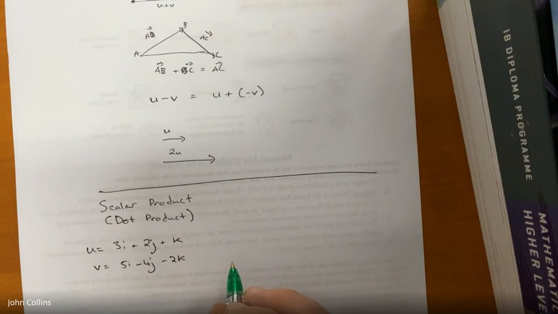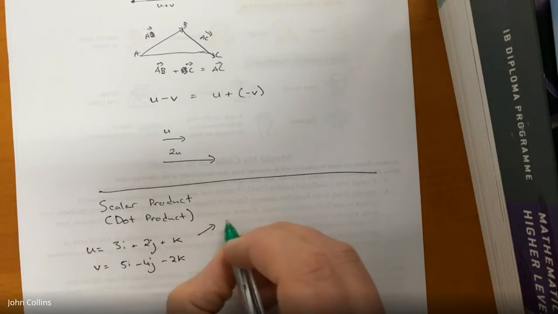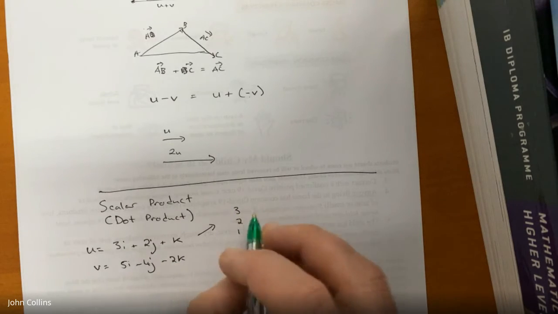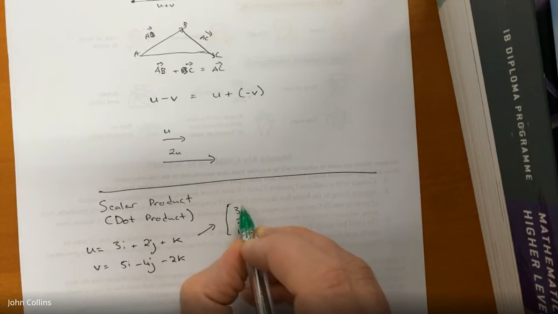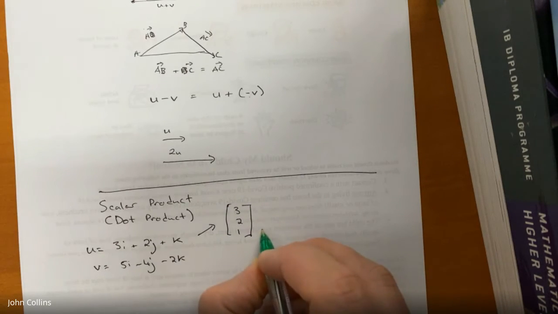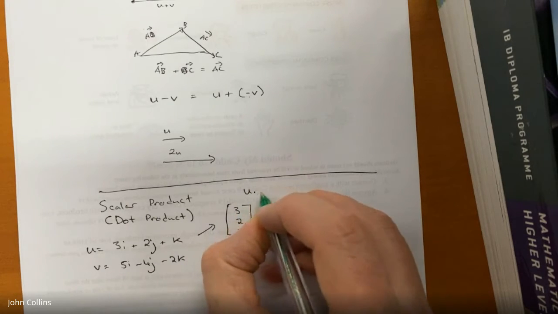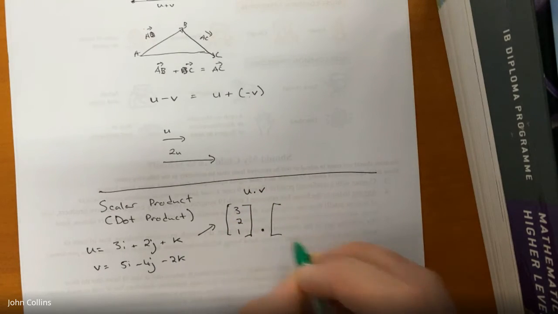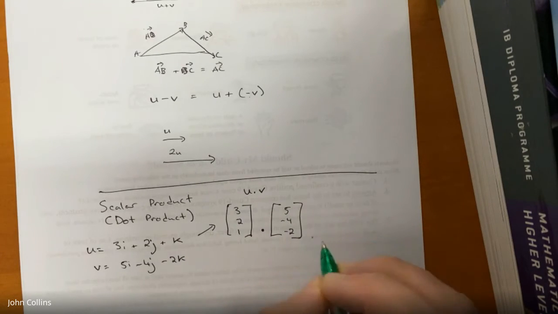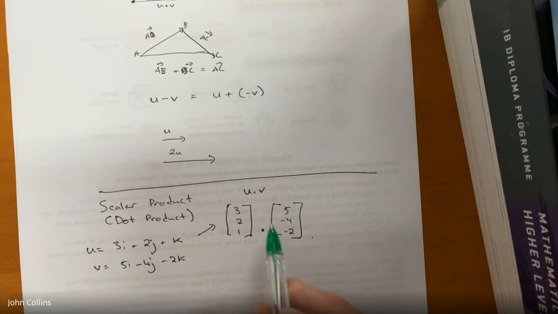So the dot product, you could probably do it from this form, but if you transfer them into column form, this one would be 3, 2, and 1, and this is called column form. And the other is 5, minus 4, minus 2. We want the dot product U dot V. The dot product is multiply the i, the j, and the k's and add them together.